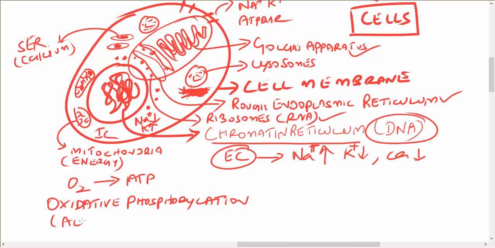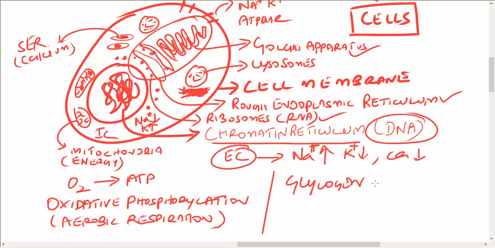Otherwise called aerobic respiration, or it can use glucose, that is glycogen, to form ATP.